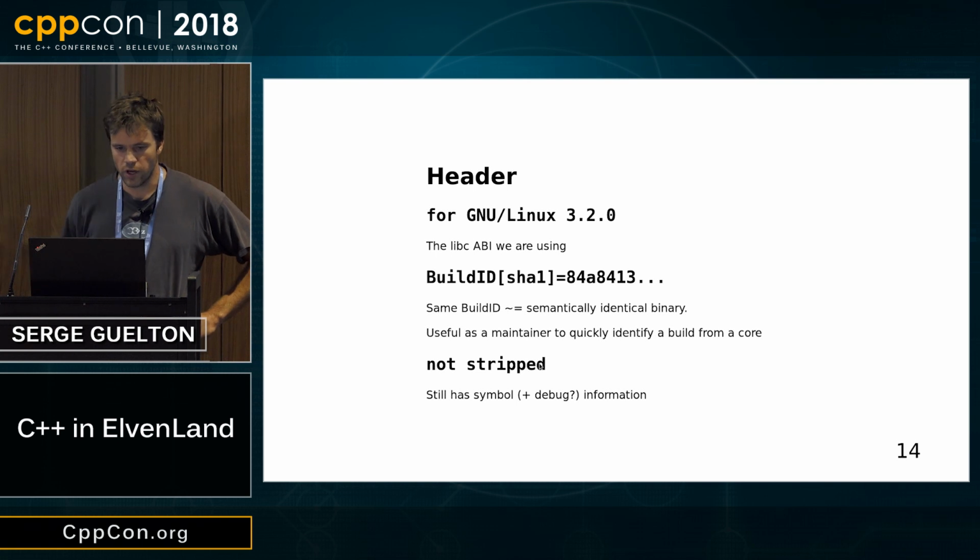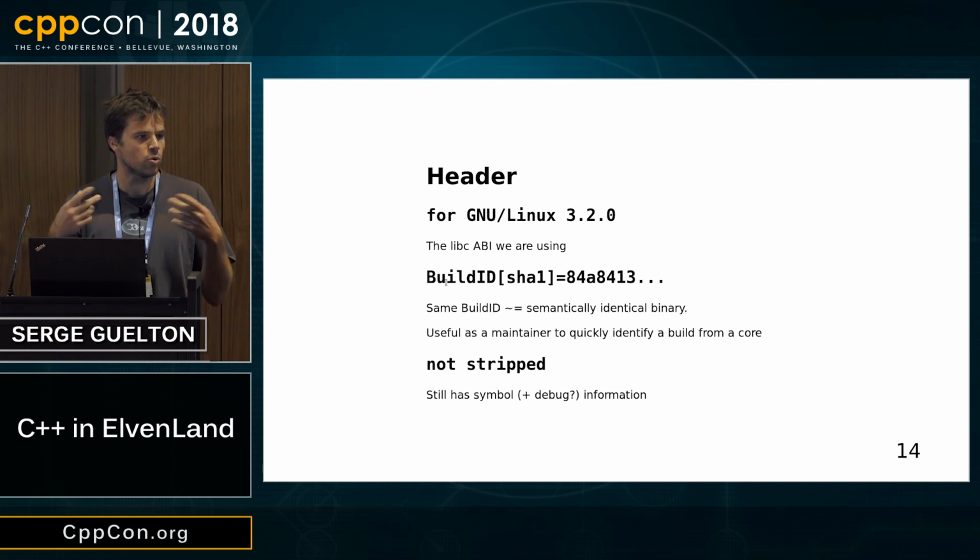So if we move on to the header, we also have an ABI for the libc we are using. This is the GNU Linux version, but we could be using other ones. We also have this build ID. I was not aware of that. A build ID is some kind of hash, which you are not supposed to be able to reproduce. It basically hashes the text section and the data sections, and gives you a number.